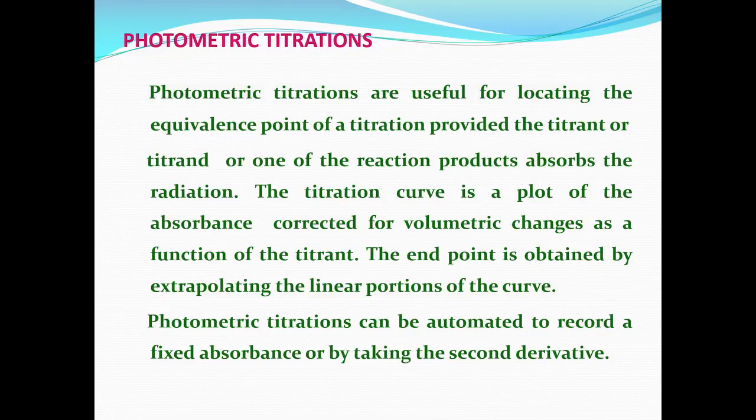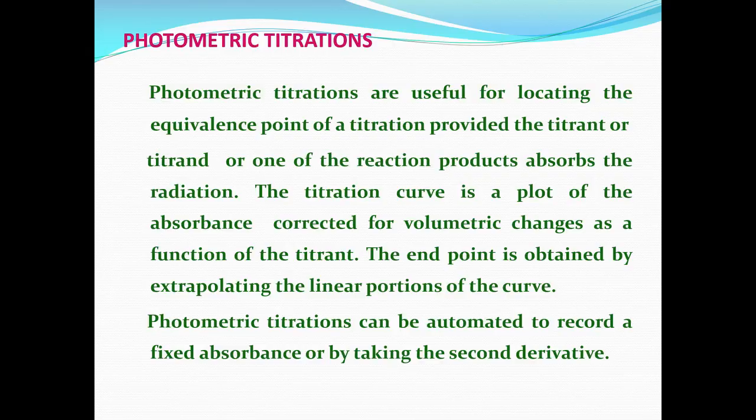Basically, a titration curve describes the plot of absorbance corrected for volumetric changes, because we are going to add some reagent, and so it is going to increase the volume of the titrant. Absorbance should be plotted versus the total amount of reagent, that is concentration of the reagent.